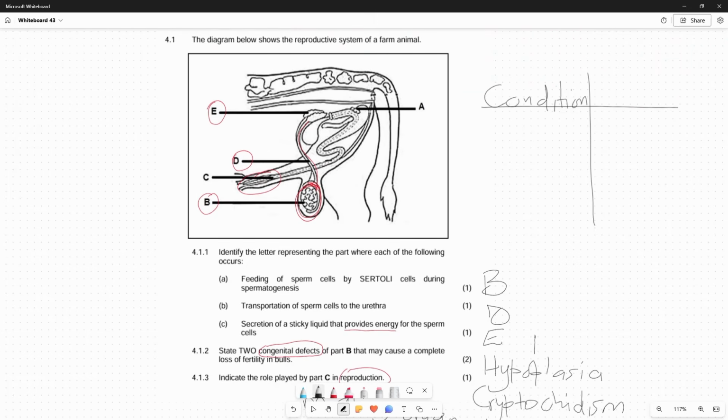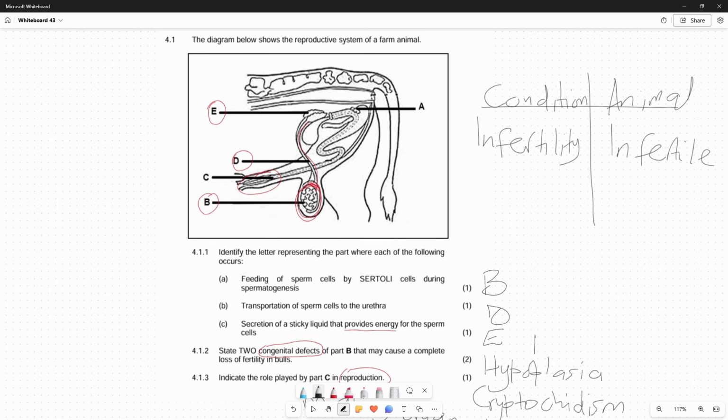Condition vis-a-vis the animal. So condition, infertility. But animal, infertile. You need to be careful there. Same thing, sterility, sterile. Hermaphroditism, hermaphrodite.